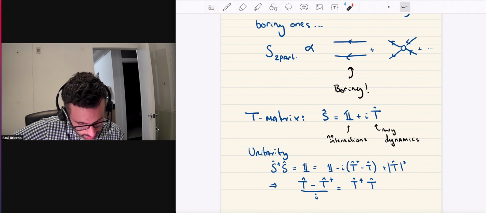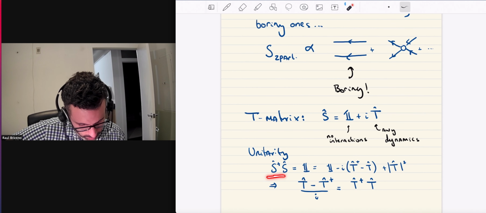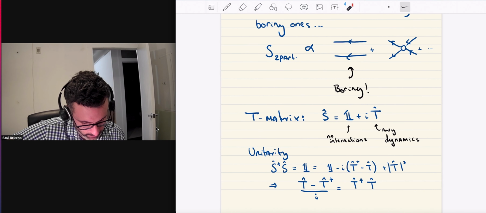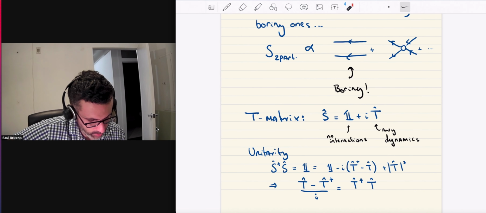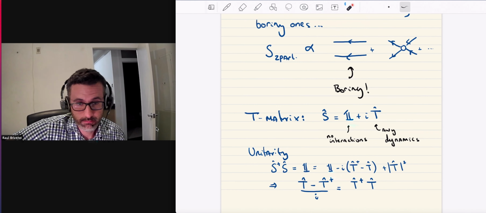And so what does this condition that S dagger S is equal to 1 tell us when we insert this into S? If I just multiply it out, I'll have 1 times 1, which gives me 1. Great.